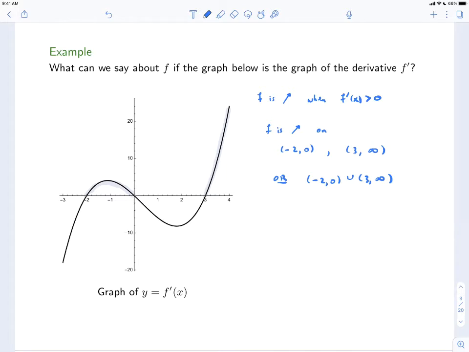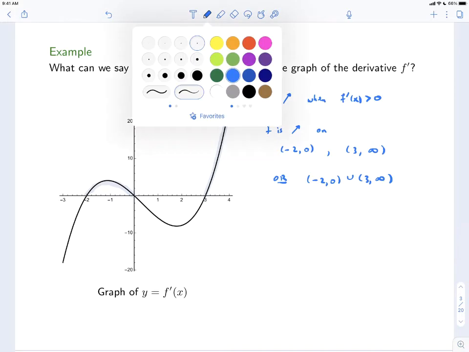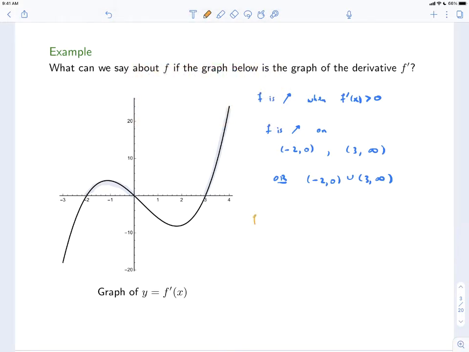What about where f is decreasing? Well, let's just change the color. f is decreasing, and let's just draw a little arrow down. f is decreasing when f prime of x is less than 0. So on the graph, we can just mark the places where the derivative is below the x-axis, and these will be the places where the function is decreasing.